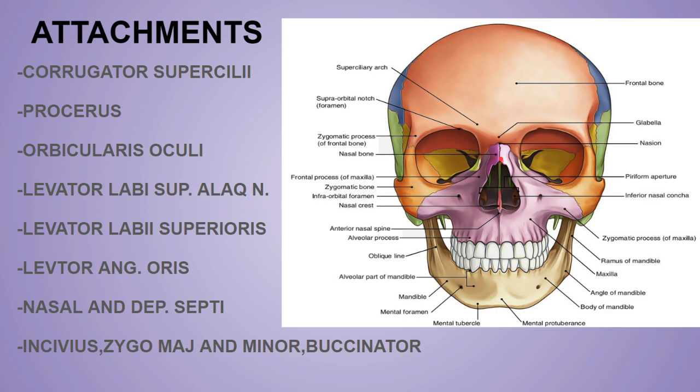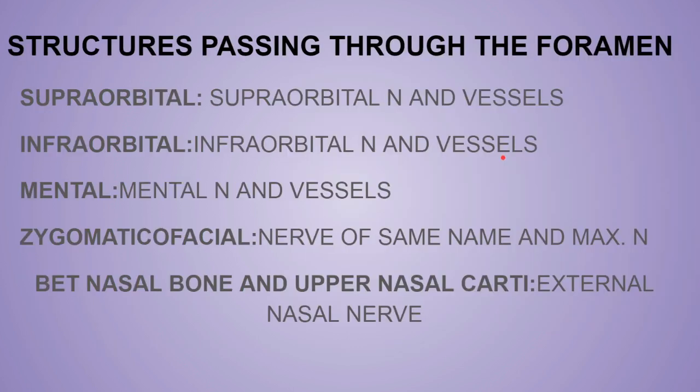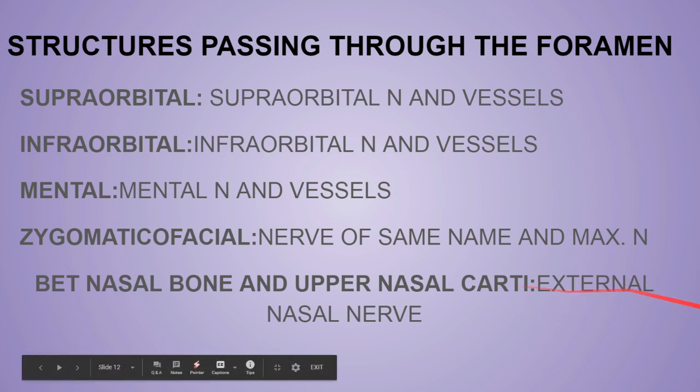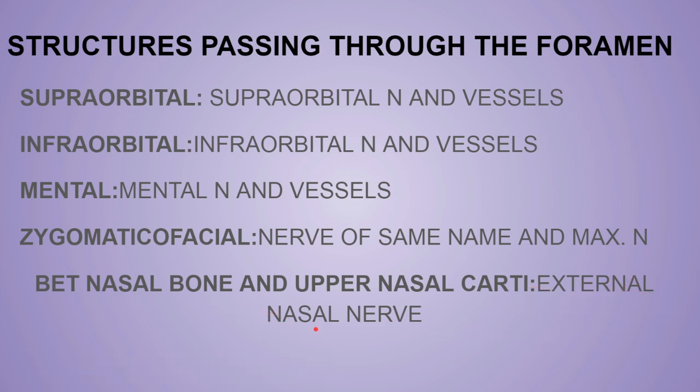So mainly the supraorbital nerve and vessels, infraorbital nerve and vessels, mental nerve and vessels, the zygomaticofacial nerve, and the external nasal nerve pass through the norma frontalis part.